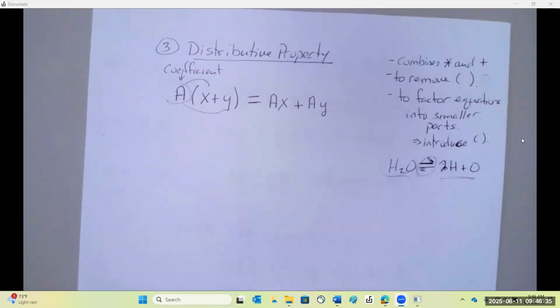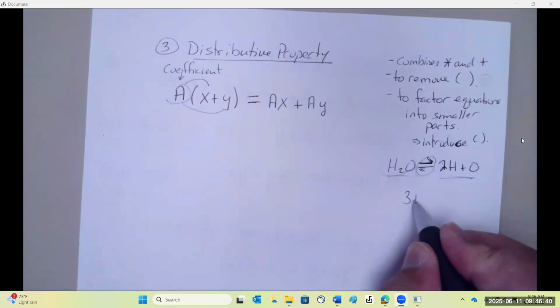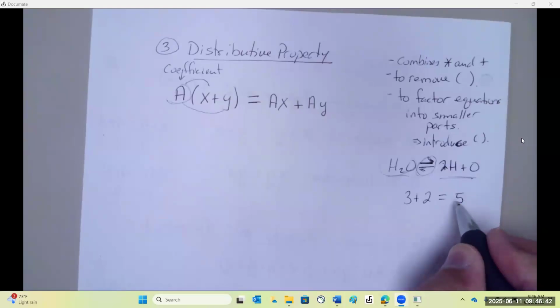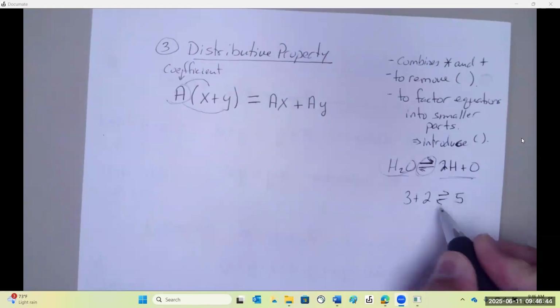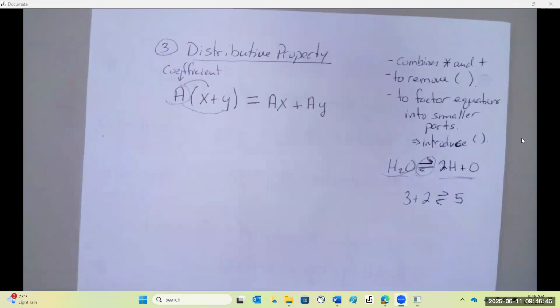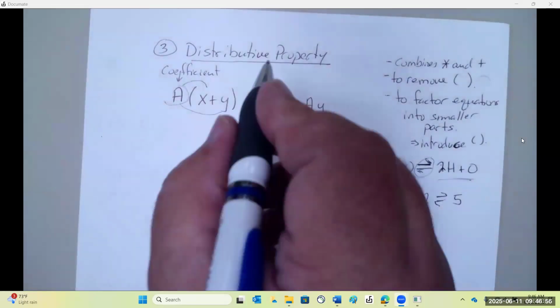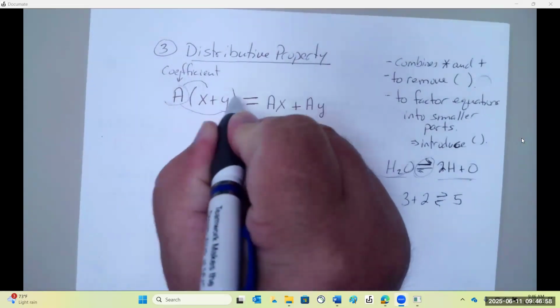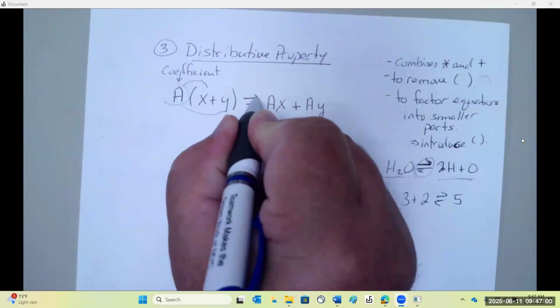Or I can go from here and get this. That's what equal means. For equality, 3 plus 2 equals 5 is actually like that. I can go both directions. Whenever you see equals, you have to be able to go both directions. So what this tells us is I can go from here to that.